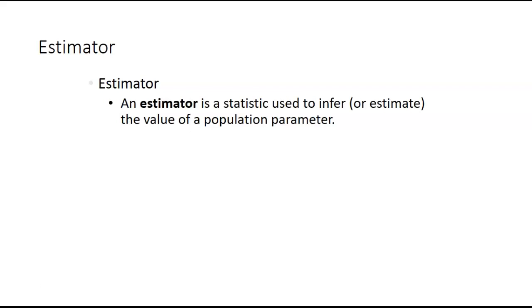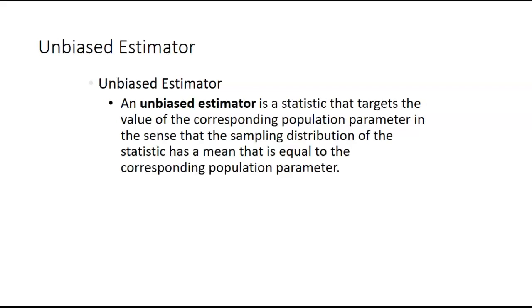So this gives us the ability to work with a sample and know that whatever we find about the sample is going to be true for that population. An unbiased estimator is a statistic that targets the value of a corresponding population parameter in the sense that the sampling distribution of the statistic has a mean that's equal to the corresponding population parameter.